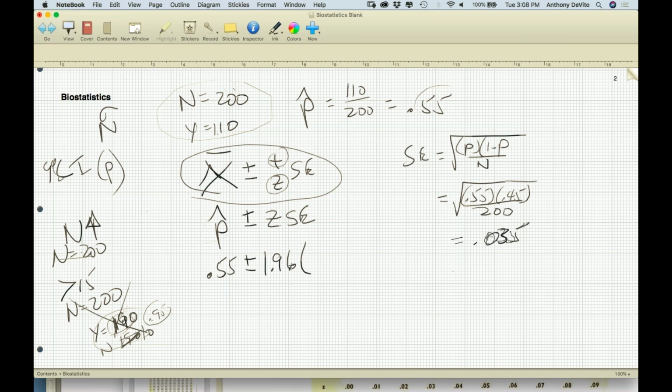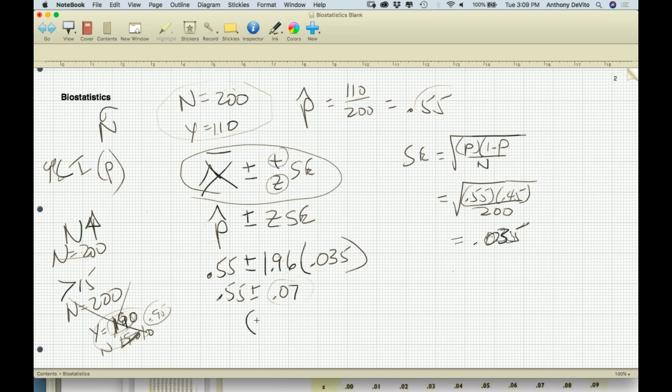So this is going to be 1.96 times 0.035. Okay, if I multiply, I'm going to use 2 here. Do as I say, not as I do. I'm going to round that to 2 just to speed things up, but you should actually calculate it out. 0.55 plus 2 times that is going to be 0.07, so the margin of error is 7%, 0.07.